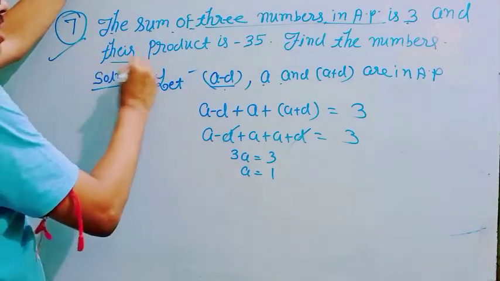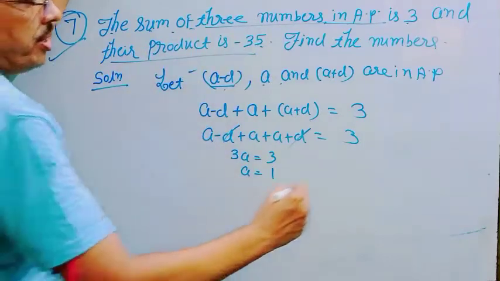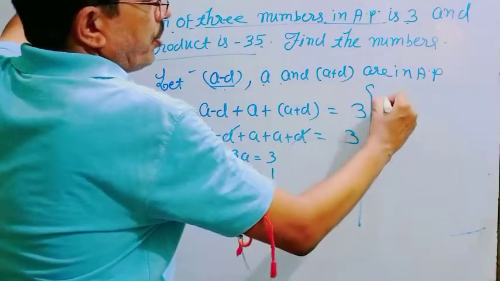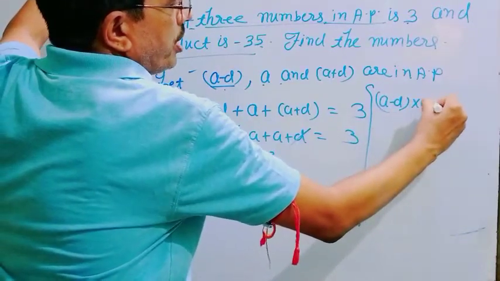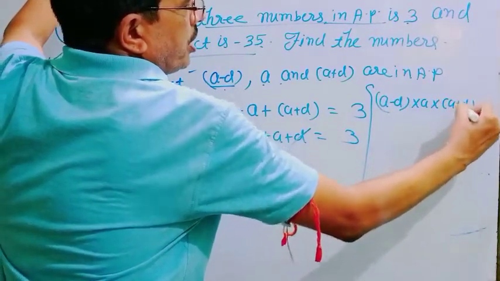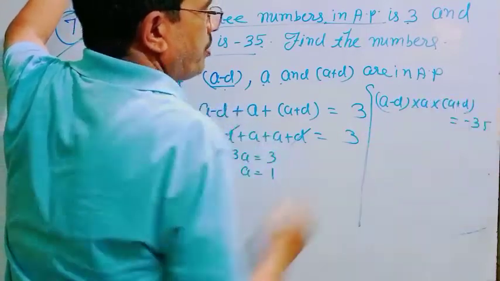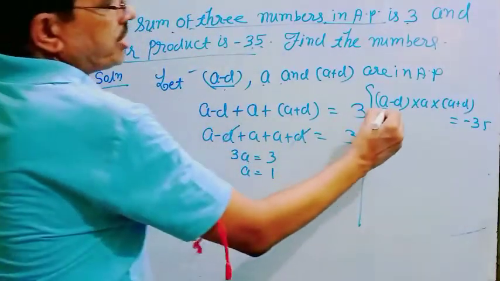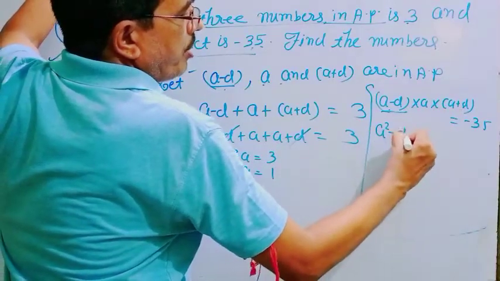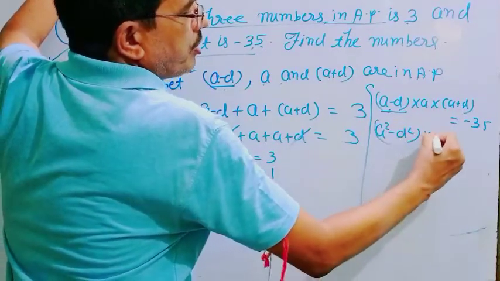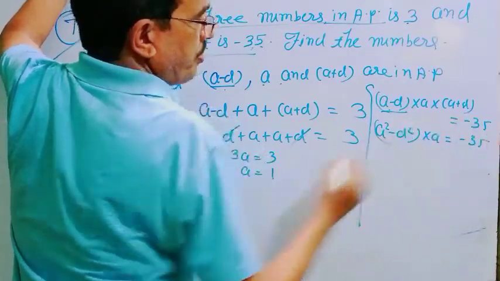Now the question says their product is −35. Their product means (a − d) · a · (a + d) = −35. First the product of a − d and a + d is a² − d², times a is equal to −35.